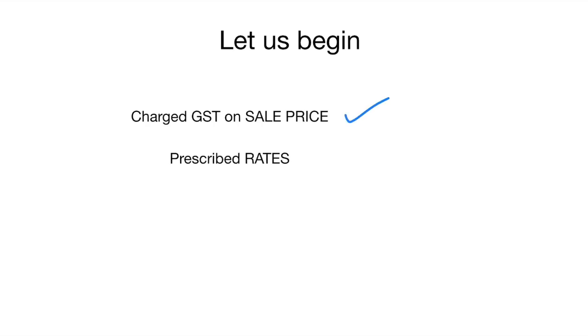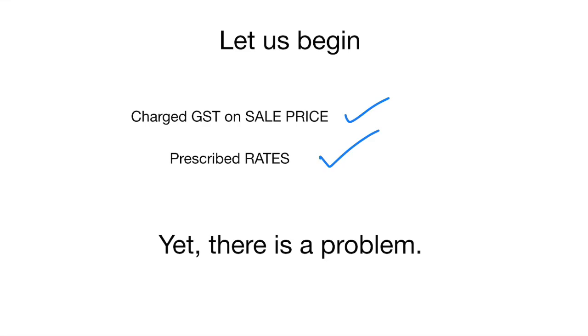Buyer at each stage paid GST at the prescribed rate on the sale price. That is also correct. No doubt in that. But still, the amount that the government received in total at the end was way too much more than it should have received. Right? That means this is the area where there should be some mistake.